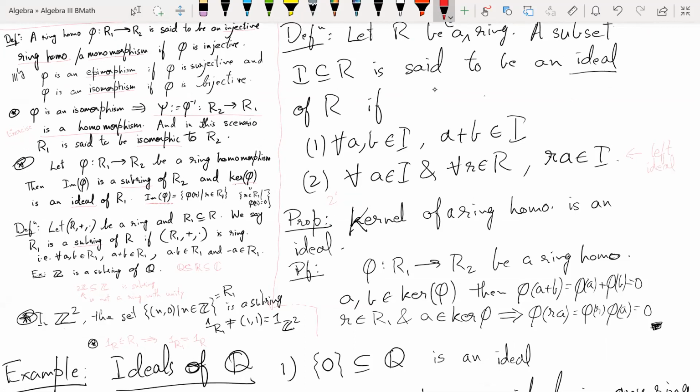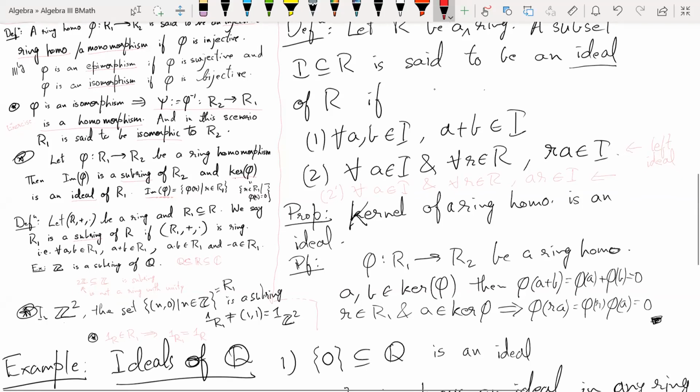And otherwise, for all r in R, you want a times r to be in I. If it satisfies only 2 prime, not 2, then you say it's a right ideal. It depends upon which side you are multiplying the elements of the ring, left or right.